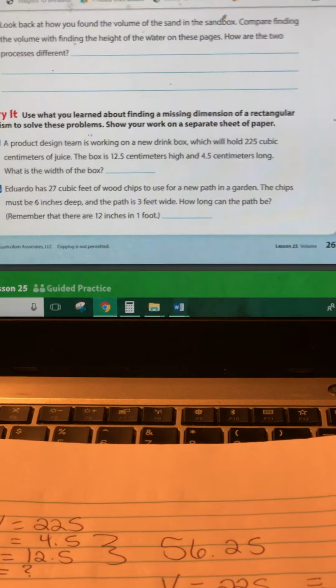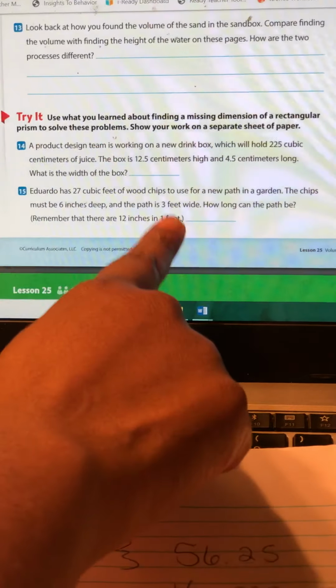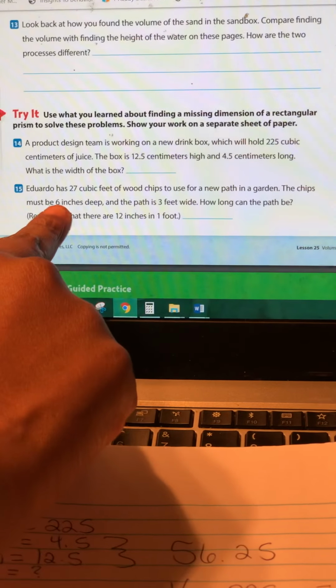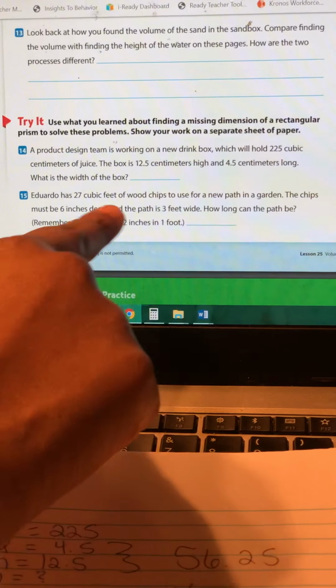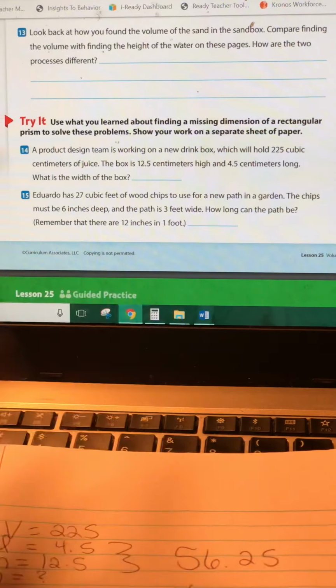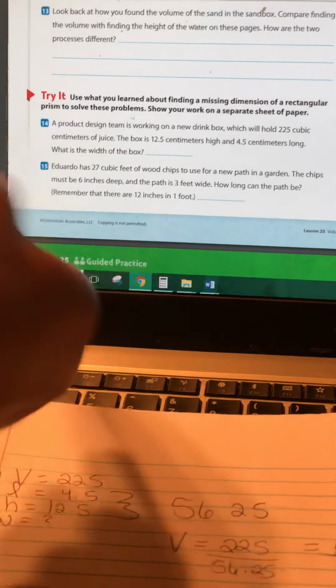Okay. Now, if you look at this particular problem, we have feet here, we have feet here, we have inches here. So they gave us a little tip to help us remember that there's 12 inches in 1 foot. Well, this is not quite 12 inches, so it's not 1 foot. It's half of that.